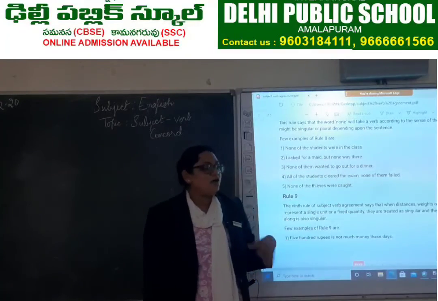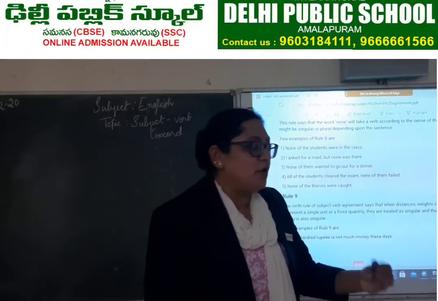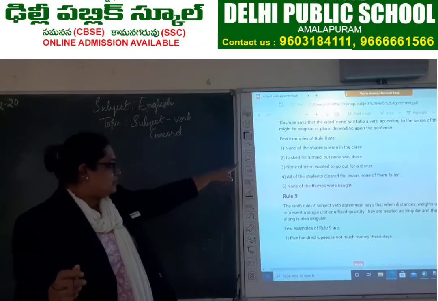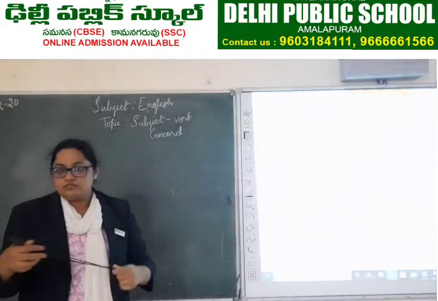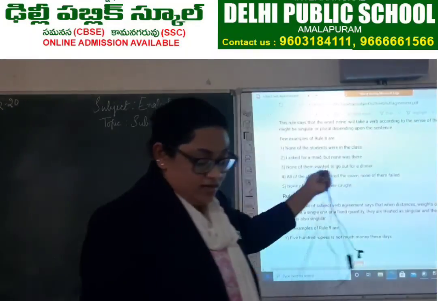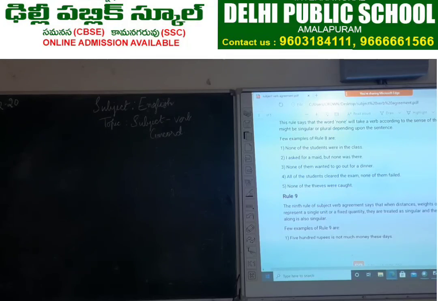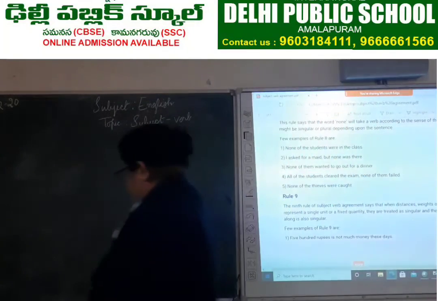Here they are talking about plural. Students is plural. That's why your verb will also become plural. Hence, were is used. Here in this topic, we are talking mainly about the helping verbs. So you should know what helping verbs are. Right? Yes, ma'am. Thank you so much.